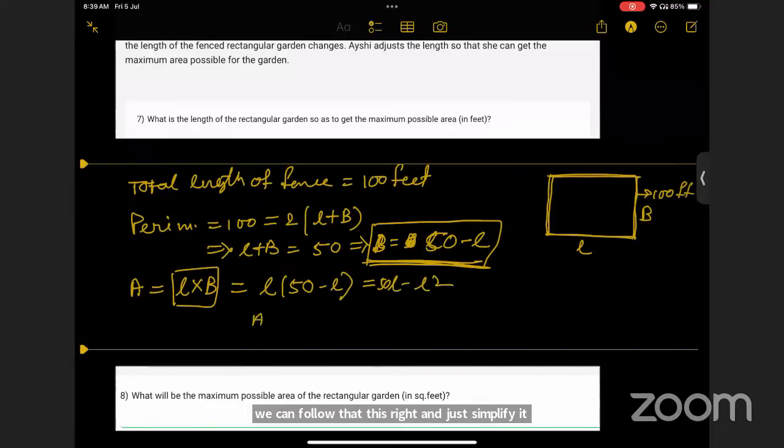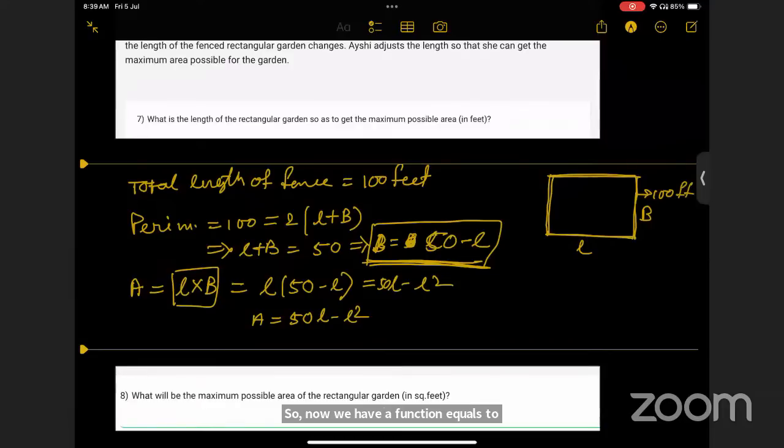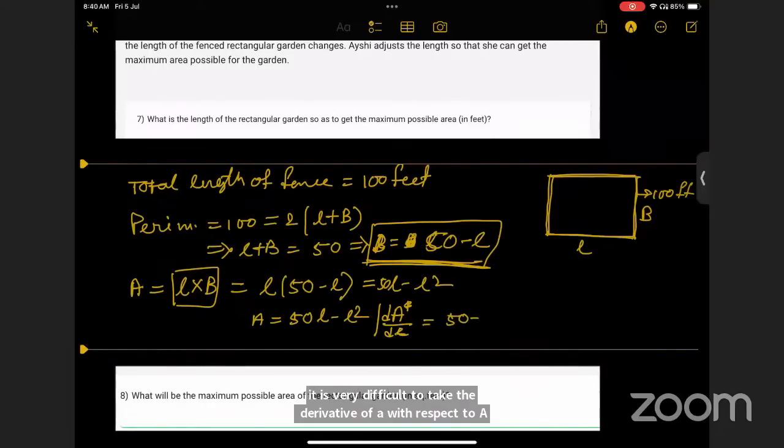So now we have a function A equals 50L minus L square. And we want to check what is the maximum value of A, for what value of L the value of A will be maximum. So for this, if we take the derivative of A with respect to L, then it will be 50 minus 2L, right?